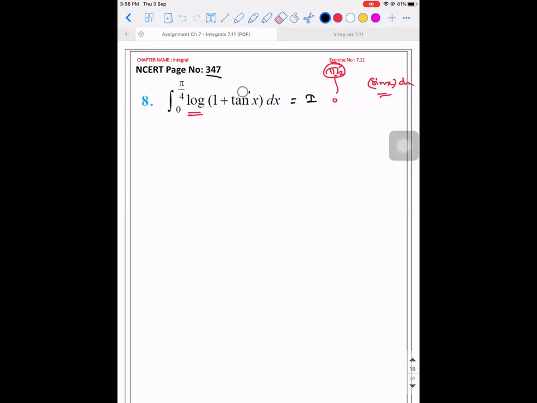Okay. So how we are supposed to approach this problem is, first, assume the question to be I. Then the same I is equal to integral of 0 to pi by 4 log of 1 plus, in the place of tan, I can write pi by 4 minus x. Correct?